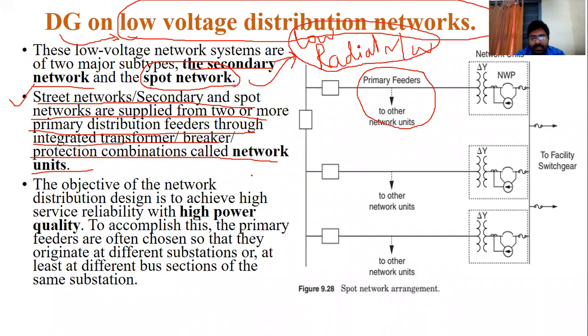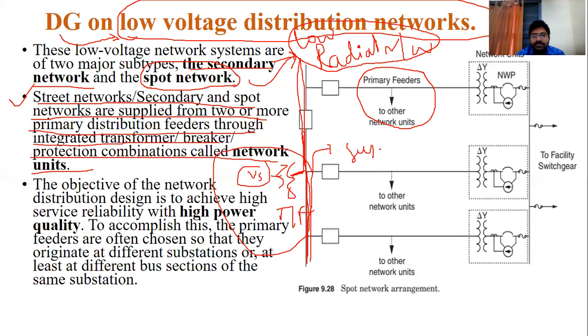Now see this, this is the transformer. This is the feeder. So the primary feeder, this is the transformer, is located at this substation. So this entire network we can call the network unit.